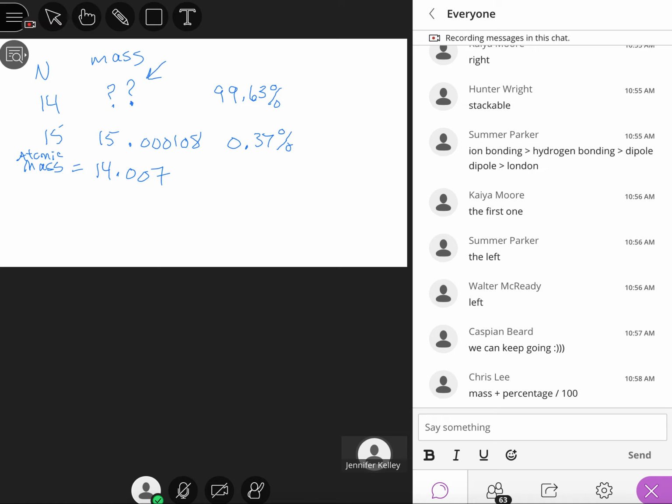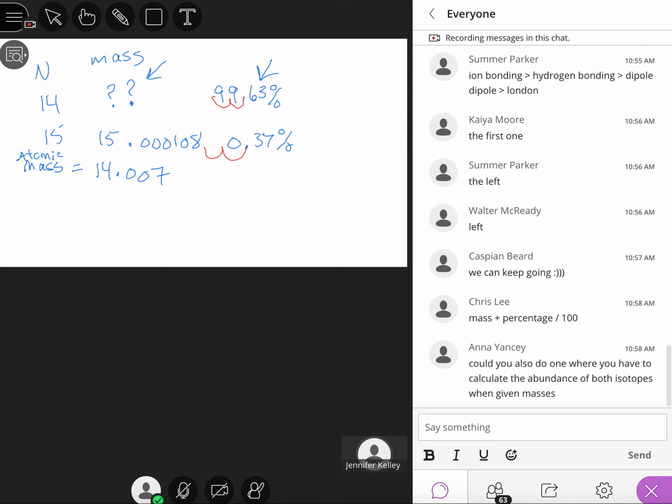Correct. So I'm going to take the percentage right here and convert it to a decimal first. All right. Now I'm going to multiply this times this plus this times this and set it equal to my average atomic mass.